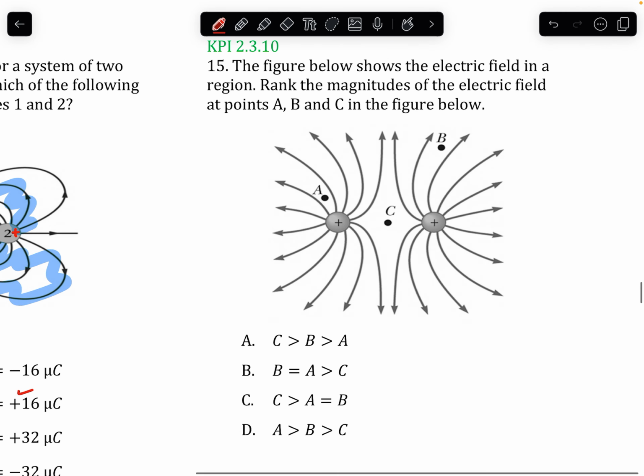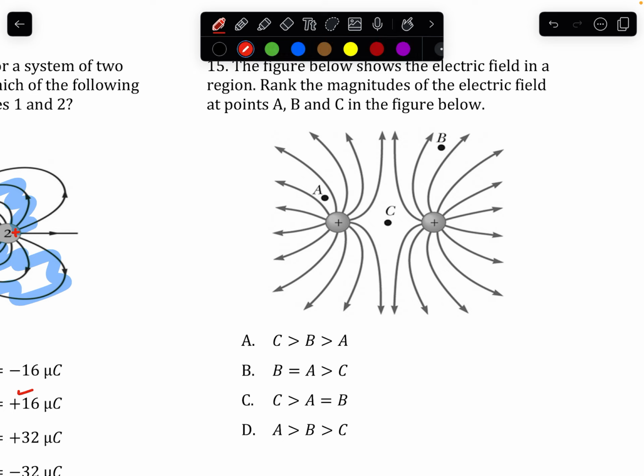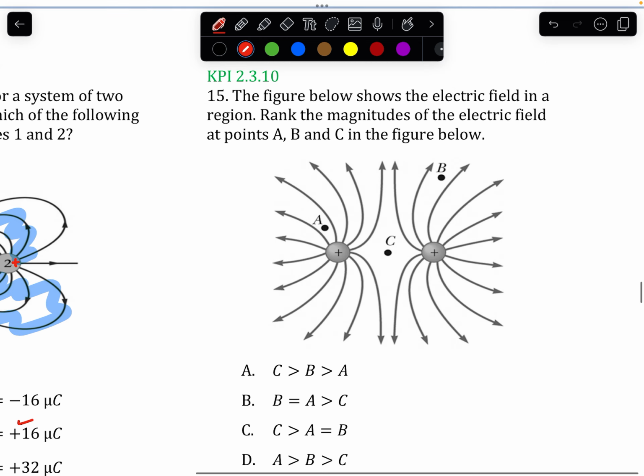Now figure 15, it's asking for the figure below shows the electric field in a region. Rank the magnitude of the electric fields at points A, B, and C. Now to discuss the relationship between the electric fields, I will have to look at the distance between the electric field lines. The closer they are, the bigger is the magnitude of the electric field.